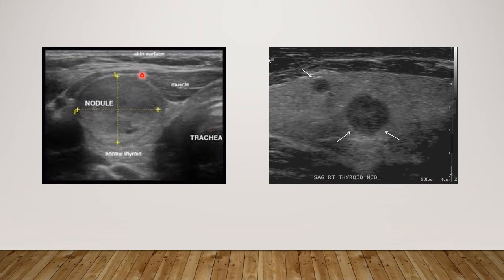Okay, here is a thyroid nodule. This is a benign nodule. You can see the rim around here, and this rim is known as the halo, which is due to pressure on the surrounding tissues. This is a papillary carcinoma, where the contents are heterogeneous, the margins are irregular, and there's no halo.